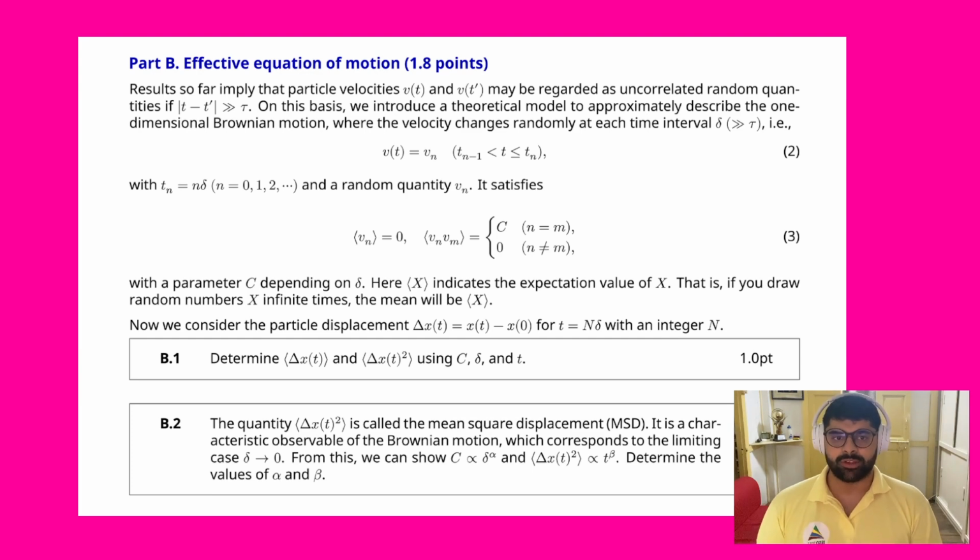So the properties of the mean can be applied to expectation values. Now we consider the particle displacement delta x for t is equal to n delta with an integer. The first question is determine the expectation value of delta x and delta x square using c, delta, and tau. So let's get right to it and solve the question.